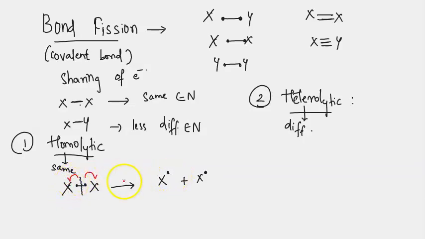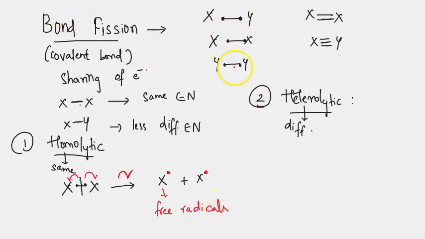This is indicated by a one-headed arrow, or fish hook arrow, which indicates an equal number of electrons go to the two atoms. Since a bond contains two electrons, one electron goes with one X and the other electron goes with the other atom. These are the free radicals that are formed.